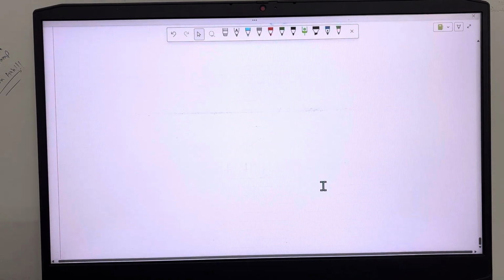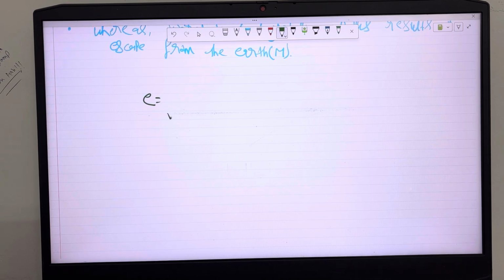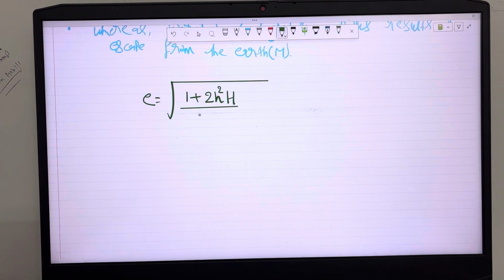Now you write the eccentricity formula in terms of the kinetic energy and potential energy. So write one very beautiful equation, that is e is equal to root under 1 plus 2h square plus h divided by m k power 4.